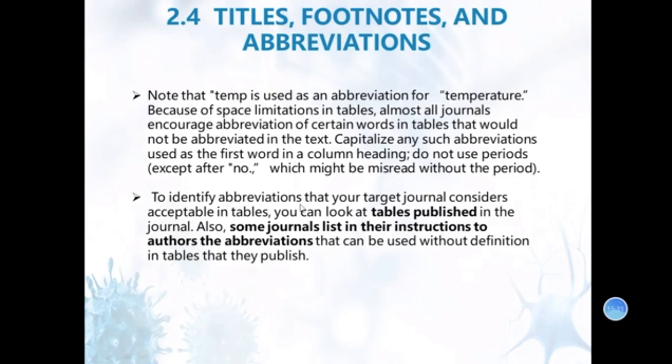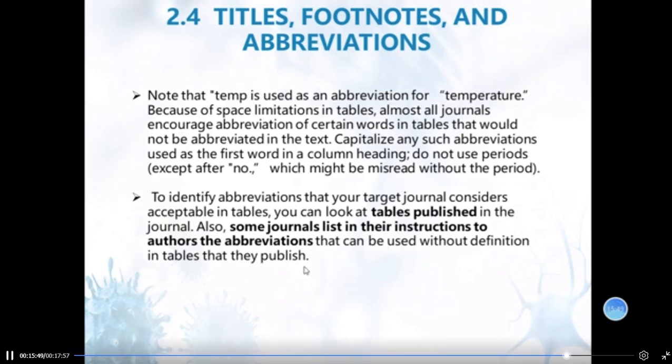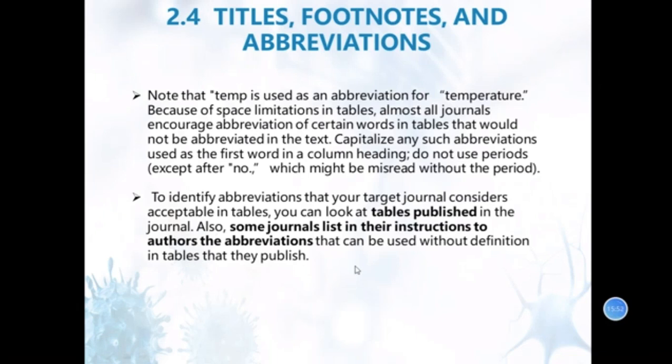To identify abbreviations that your target journal considers acceptable in tables, you can look at tables published in the journal. Also, some journals list in their instructions to authors the abbreviations that can be used without definition in tables they publish. That means you have to read the instructions. They can provide a lot of information sometimes. Also, you can read previous similar papers published in your target journal.